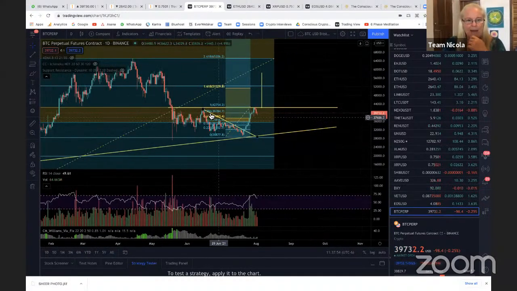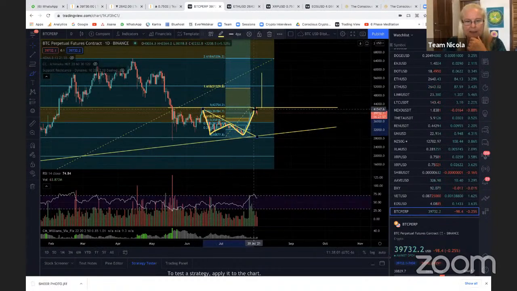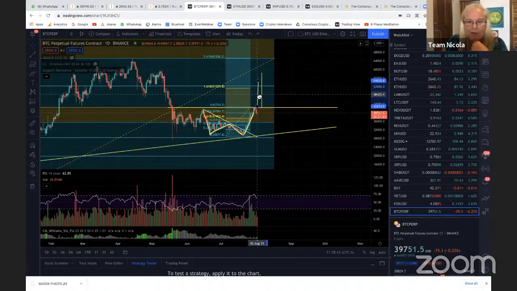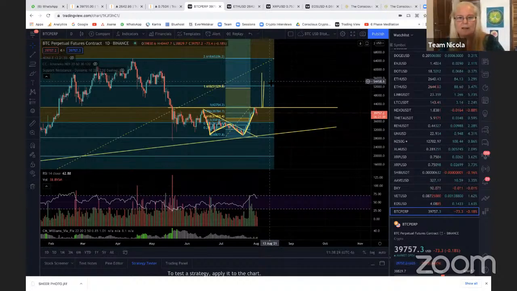The other thing you want to have a look at is we've got a W forming as well. So we've got our patterns in here. A W is a trend reversal pattern. And there it is there. We've slightly faked out of the support line, and that gives us a target of around 54,000, maybe 54,400.